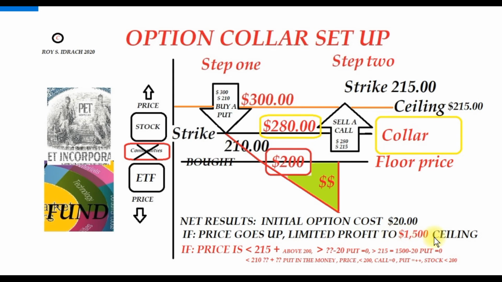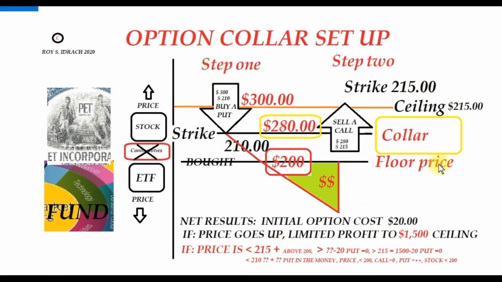If the price goes up, you're going to go from 200 to 215. You're going to get 100 shares. You make 1,500 minus 20. So that's when the price goes up. On the other one, it protects you coming down. So this is actually how it will work.